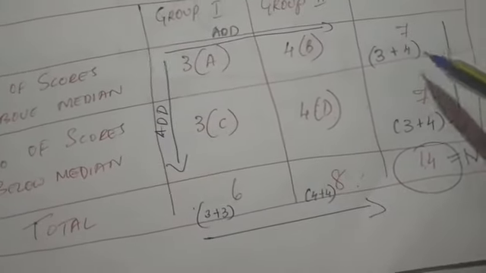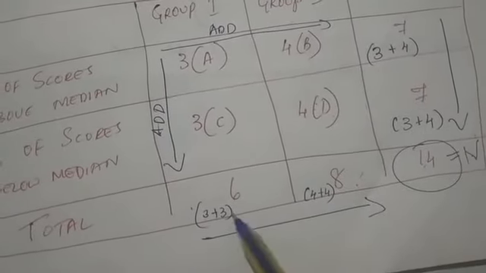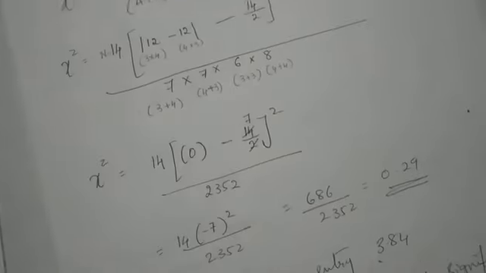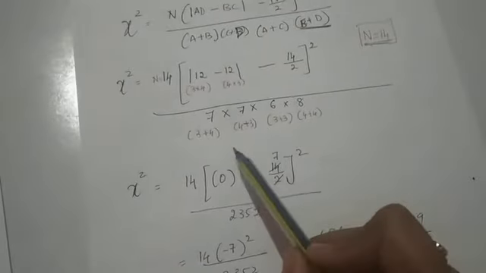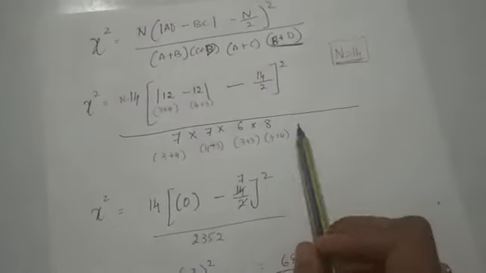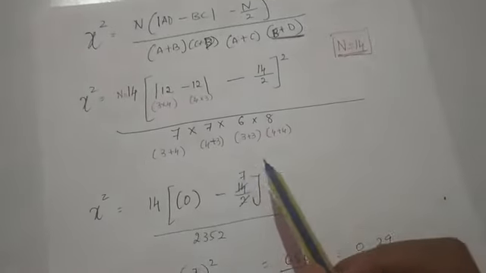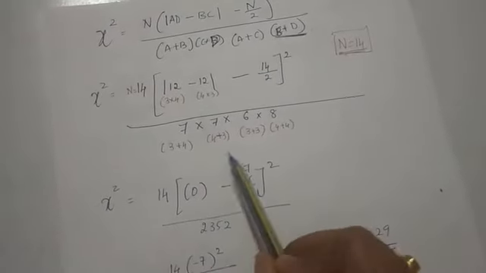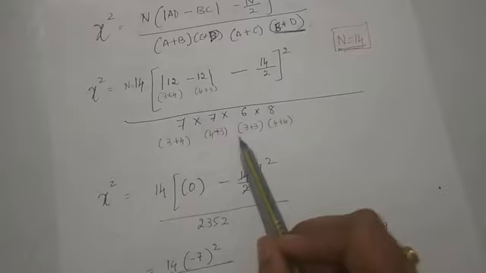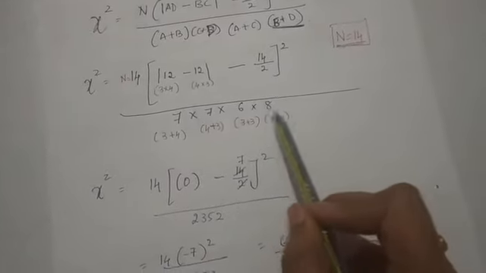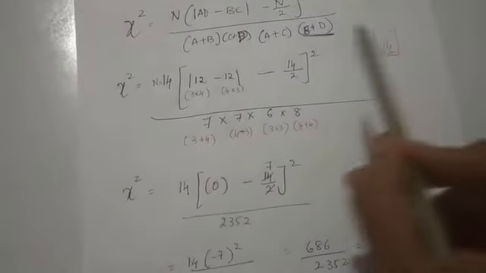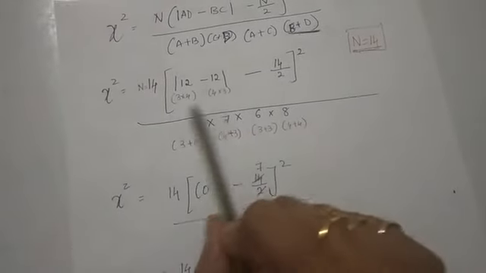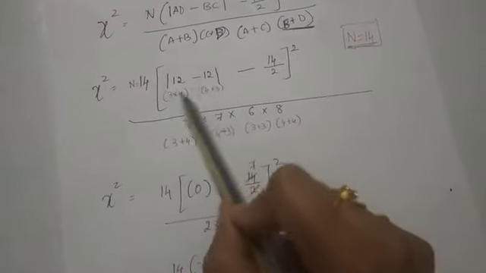So we have to multiply 7 into 7 into 6 into 8 in the denominator. And the scores written here are the numbers that we add and we get this. These scores written in red are for your understanding of which values are substituted and how you got this.